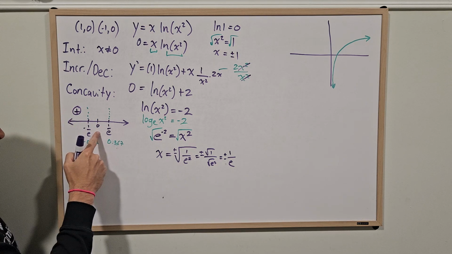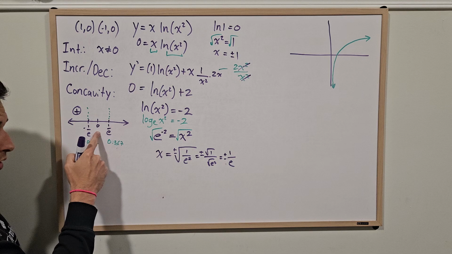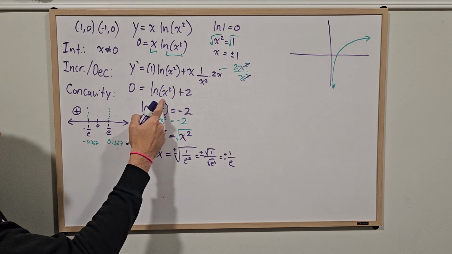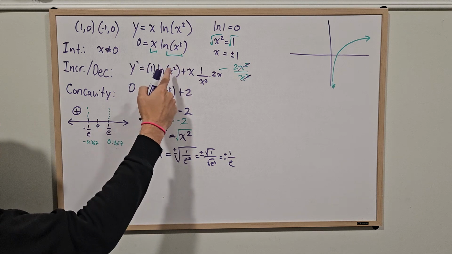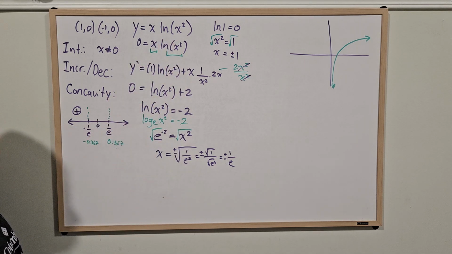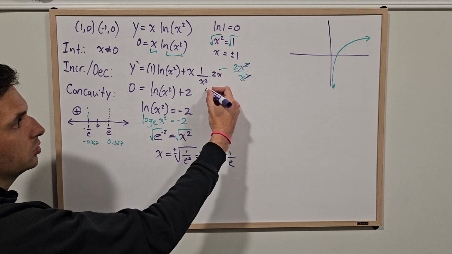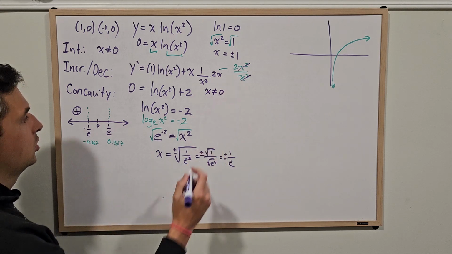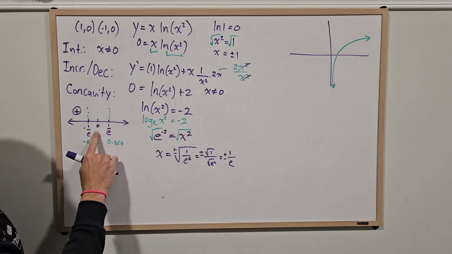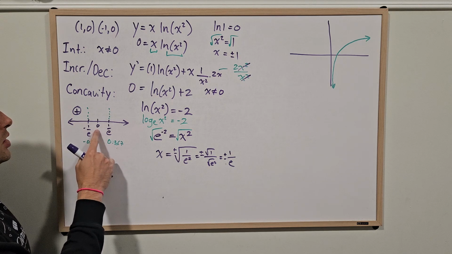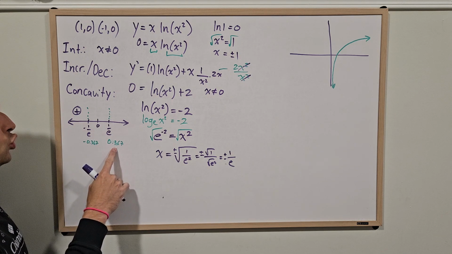Plugging in 0. We have an issue here once again. Remember when we plugged in 0 over here, you can't do the natural log of 0. So this derivative also cannot equal 0. So I have to pick a different value over here, okay? I can't pick 1 because that's too big.